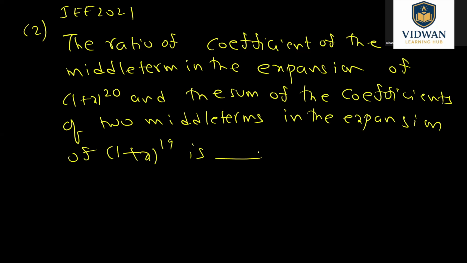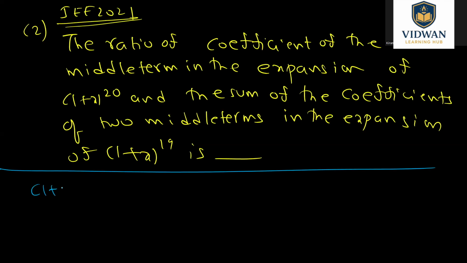This was also given as a numerical answer type question in 2021. So for (1 plus x) power 20, since n is even, what is the coefficient of the middle term? 20C10, nC n by 2, divided by the middle term coefficients for (1 plus x) power 19.